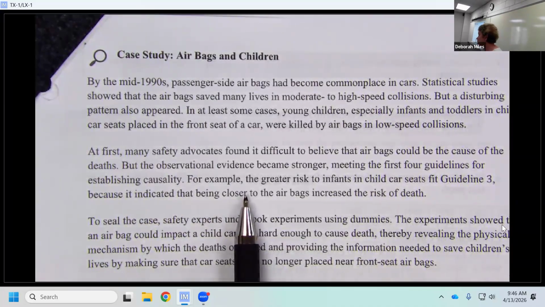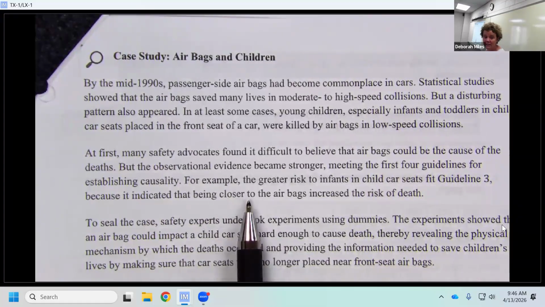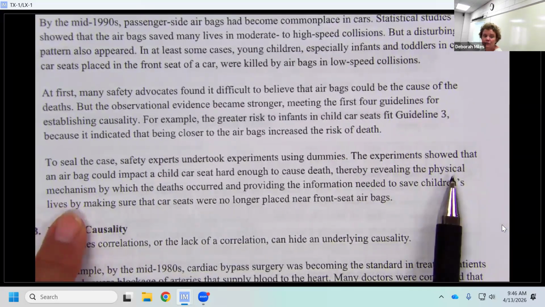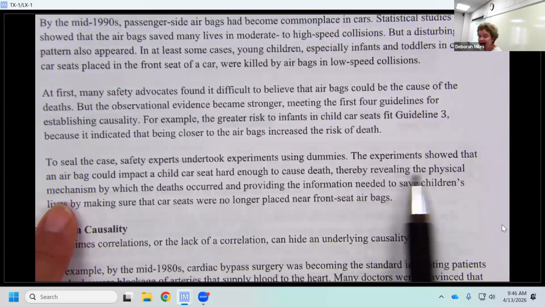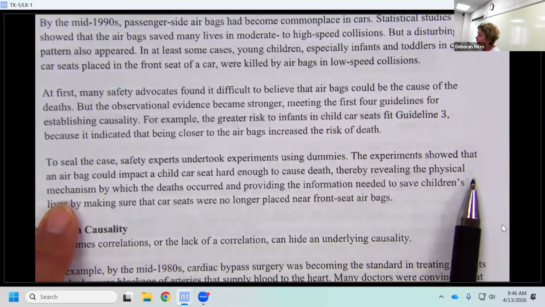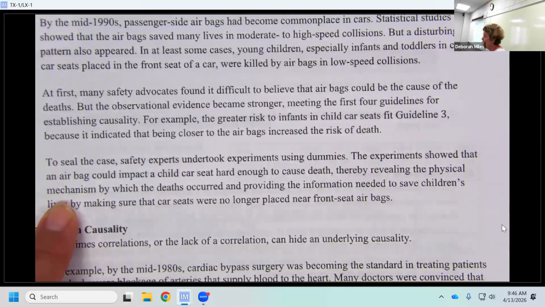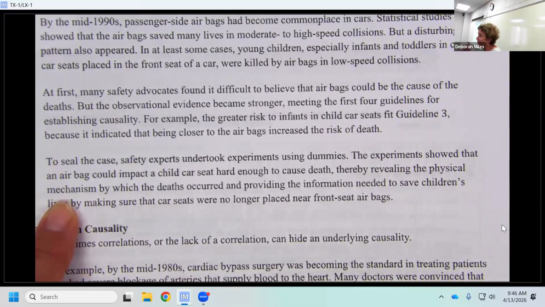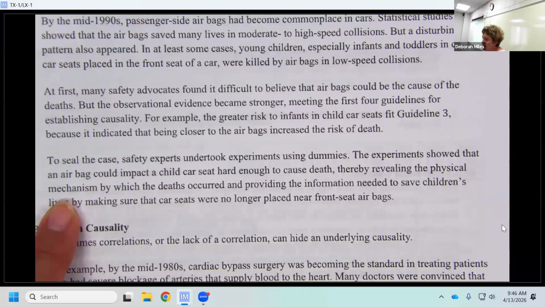So you could use crash dummies. You could use a computer simulation. Ultimately, when the experiments yielded a physical mechanism, here's exactly how the airbag is crushing skulls, then we can say for sure kids don't need to be in the front seat of a car with airbags.